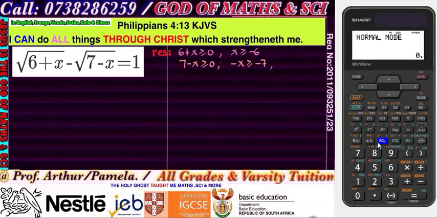Multiply both sides by negative, the inequality sign faces the other direction. So that means x must be less than or equals to 7. You see, this one says greater, so the answer is going to lie in between. Let's just draw the number line to demonstrate that to you.